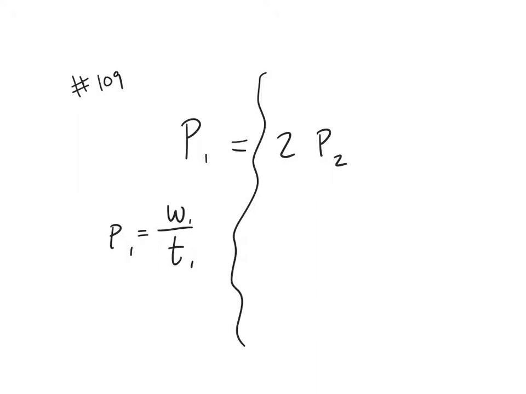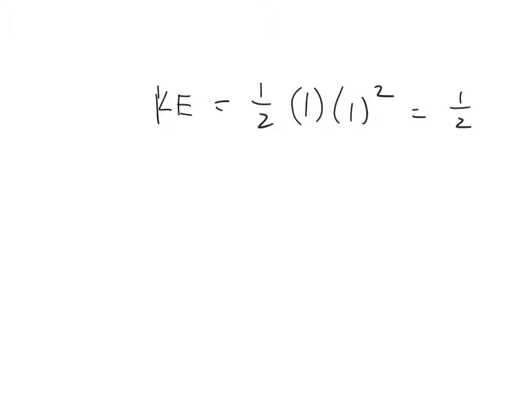I'm going to do that on the board so you can see it as we do it, but I'm going to show you another way to do it that's, I think, easier. But I want you to see numbers first if we don't understand it. So let's say initially this was our kinetic energy, 1/2 mv squared, which with mass 1 and velocity 1 ends up being an answer of 1/2. We'll call that old.